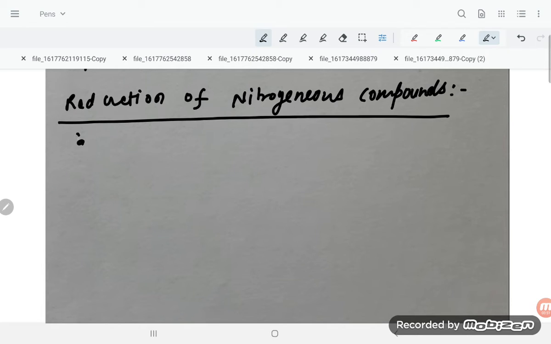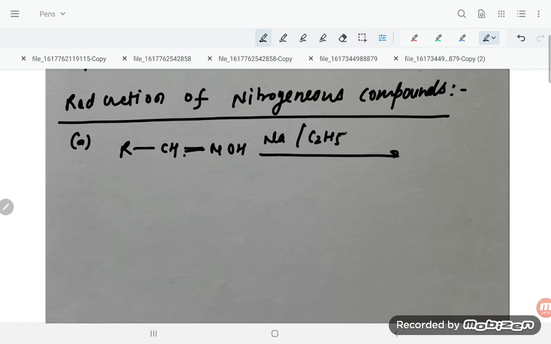The first method, you see, students: first one is RCH=NOH. This is known as oxime. You are going to treat it with sodium in alcohol, C2H5OH. So what will we get, students? RCH2NH2, which is the 1 degree amine, students, right?